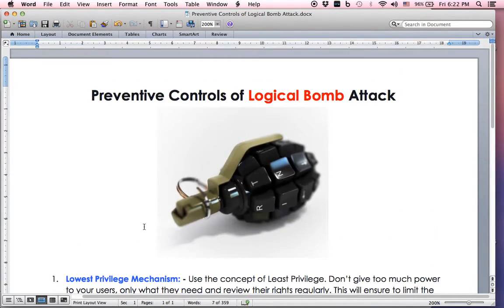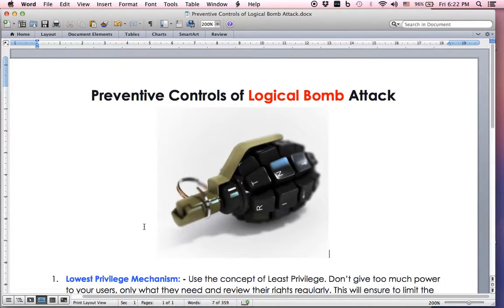The logic bomb attack is most likely to happen during a tense situation, or we can say an internal conflict between the IT staff and the supervisor or manager.